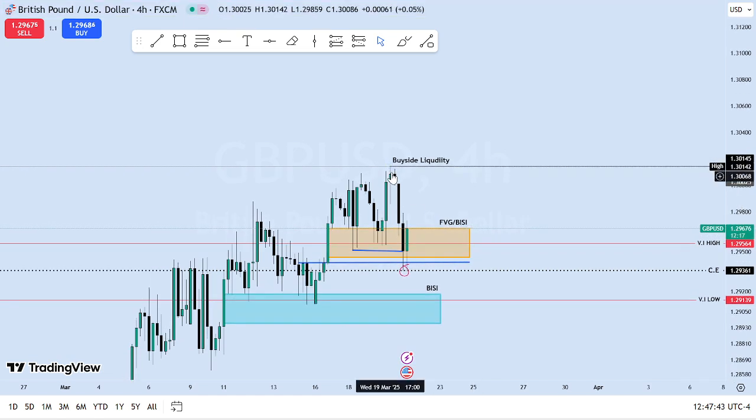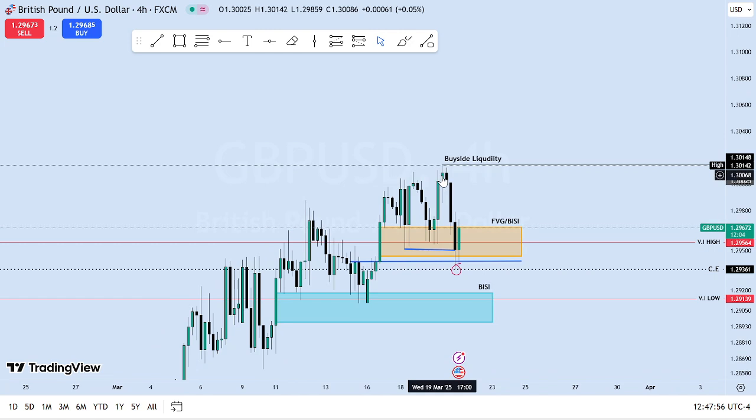The high over there, the bullish candle, the high of that week, that's buy side liquidity. Watch the candle below the screen, that's Wednesday high. This Wednesday high, buy side liquidity.